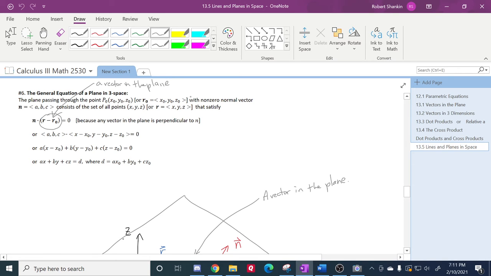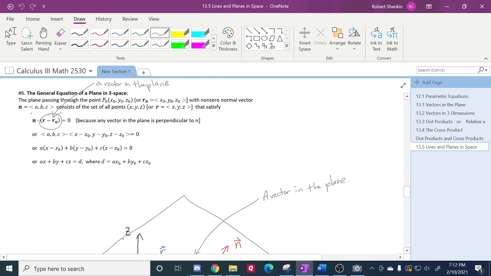n is the vector that's perpendicular to the plane, because it's the normal vector to the plane. So this and this are orthogonal. They make a 90-degree angle.